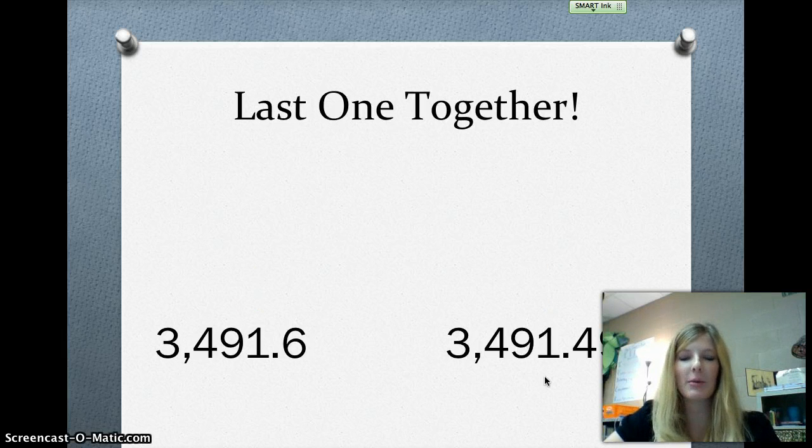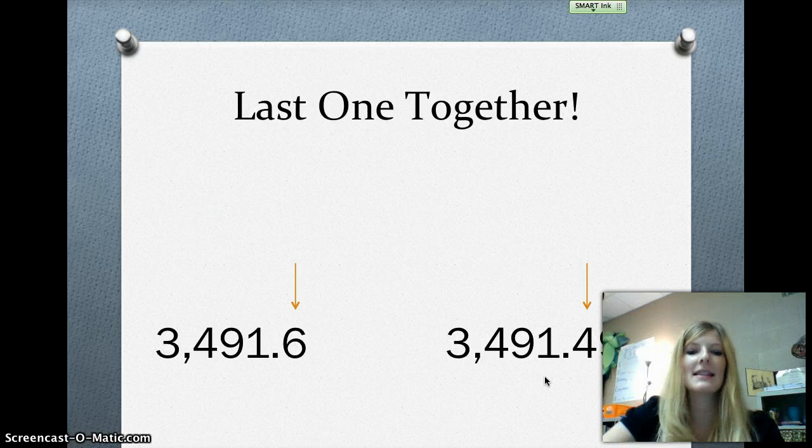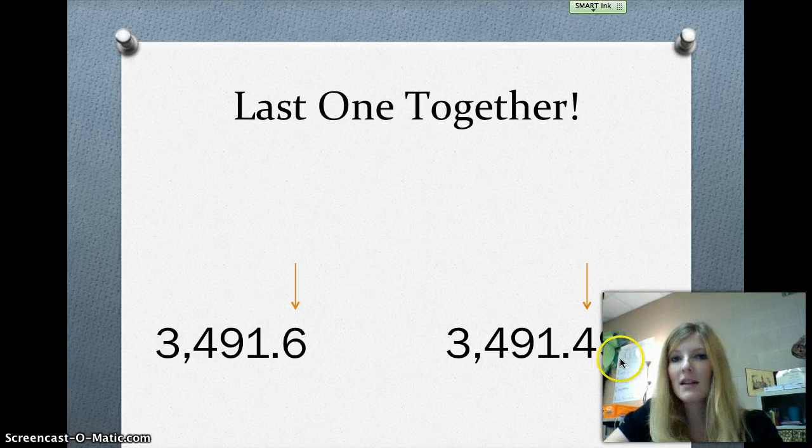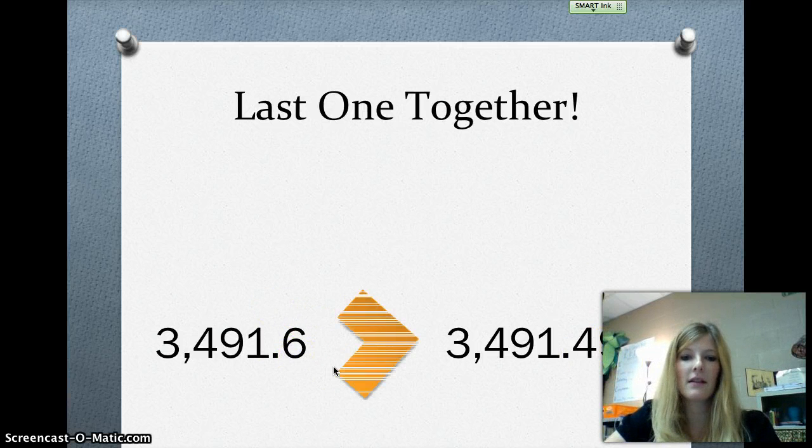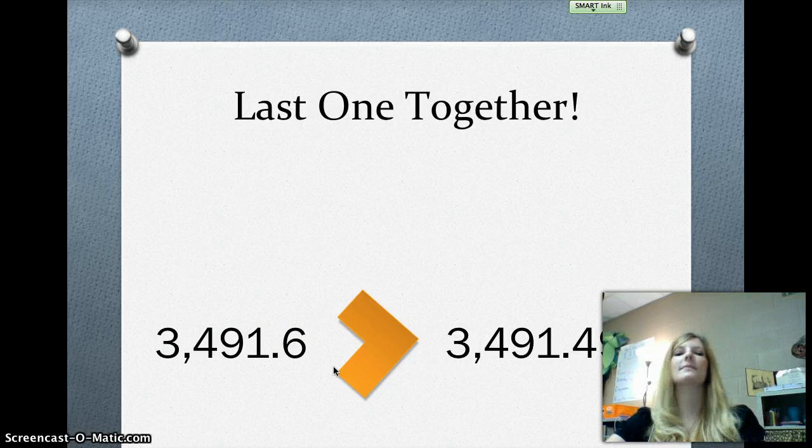So we move on to the decimal place value. 6 and 4, which is the bigger number? If you think it's the 6, then you are right. 6 is larger than 4. Even though it has these other numbers here, this number is still bigger. So we have greater than.